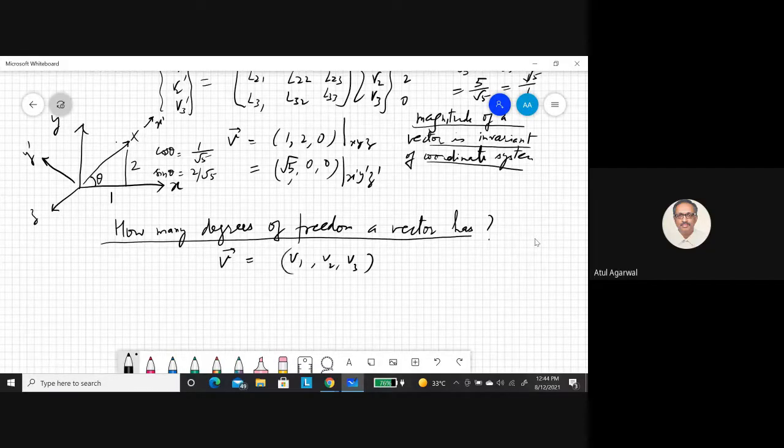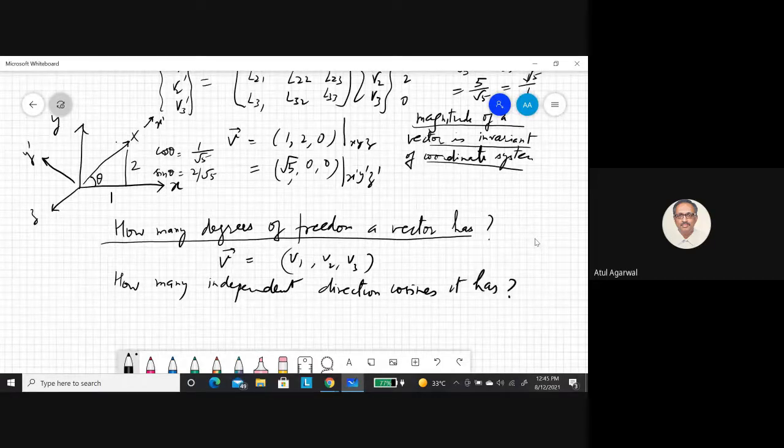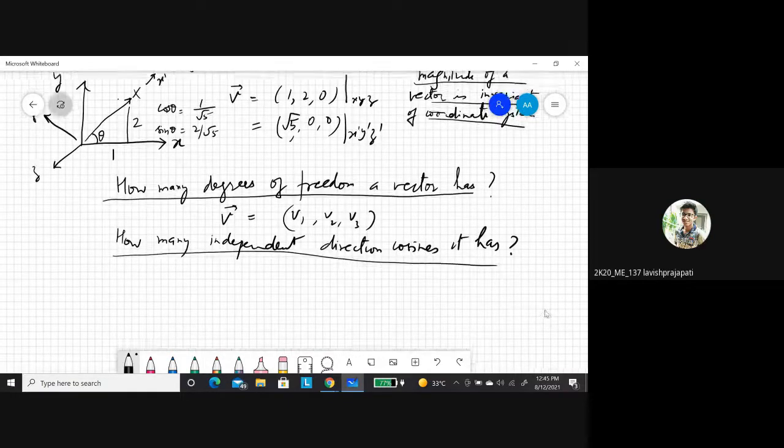You can choose any value, so it has 3 degrees of freedom. Now, suppose I say how many direction cosines? What is direction cosine? Sir, this is also 3.